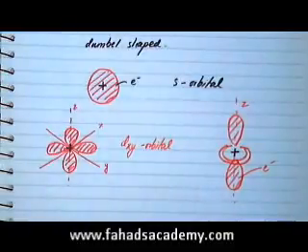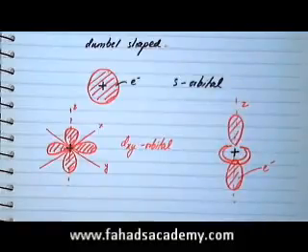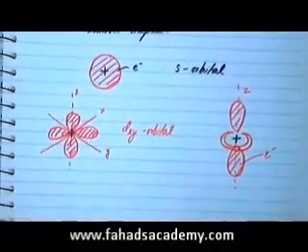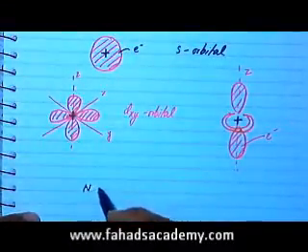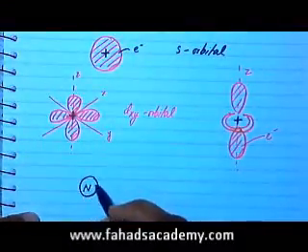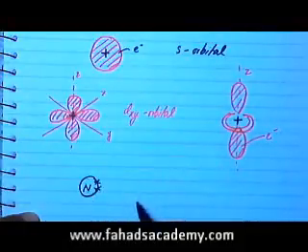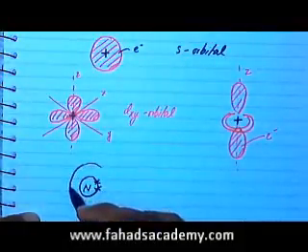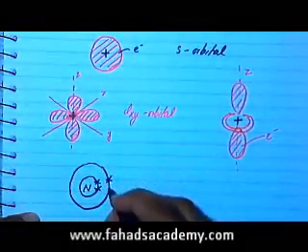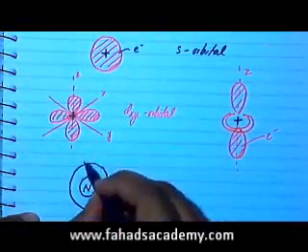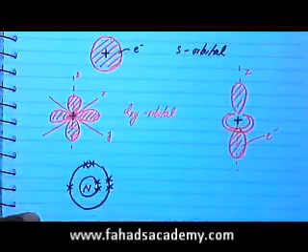So you're probably getting an idea that an orbital is simply a region where you might be able to locate an electron. We discussed previously the case of nitrogen, where it had two electrons in the inner shell and five electrons in the outer shell.